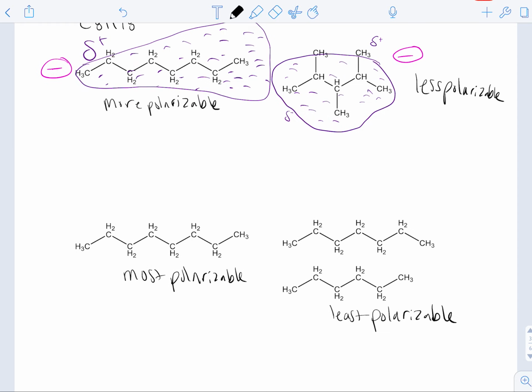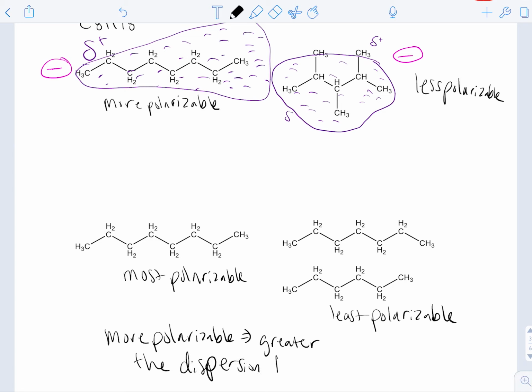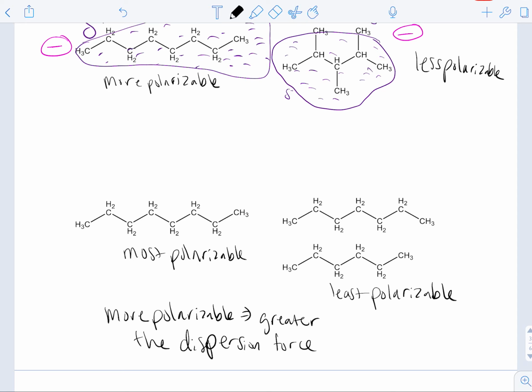And remember that the more polarizable, the greater the dispersion forces. Because we can get a larger charge, we have a larger Q value, so the intermolecular forces between more polarizable molecules will be greater than those between less polarizable molecules. And the greater those forces, the more those molecules are held together. That's going to affect a lot of different properties, which we're going to look at in the next video.